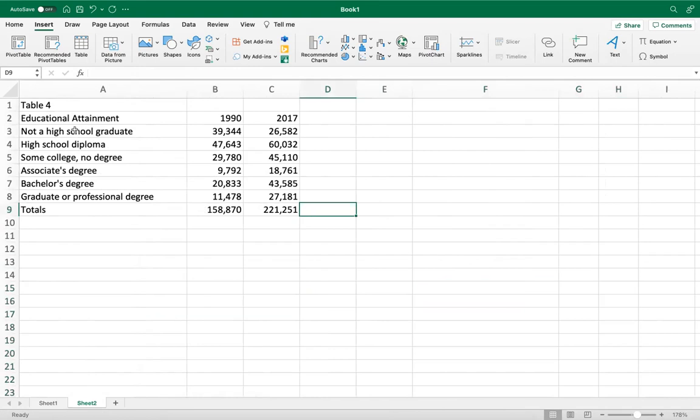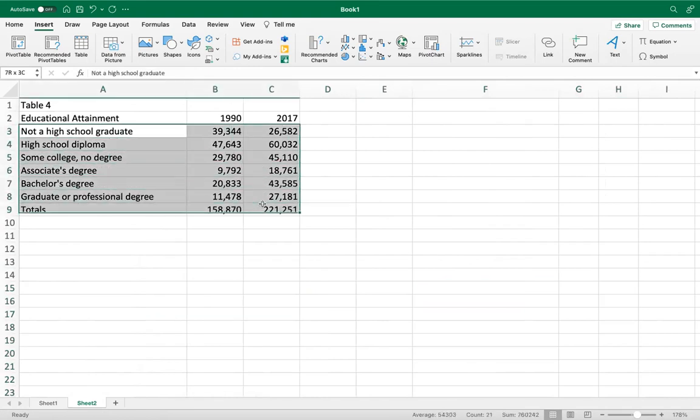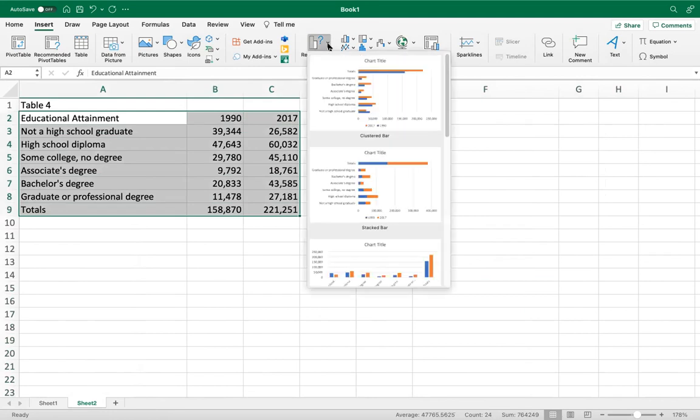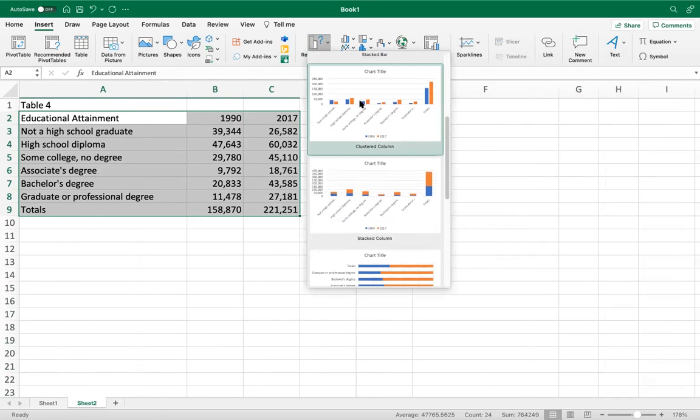All right, so again, what we're going to do is highlight these values and we'll see if there are any problems with totals. All right, looks like it got our data for us. And we could either do that graph or this graph right here.